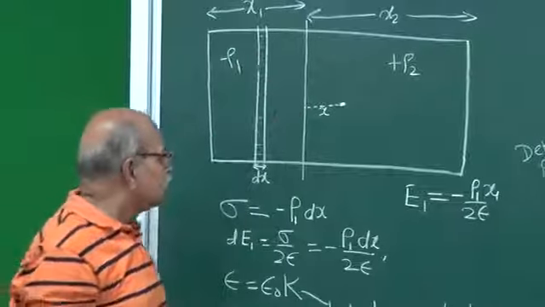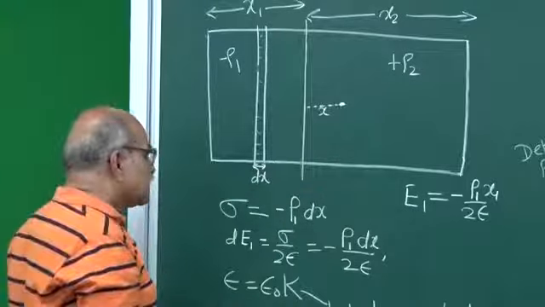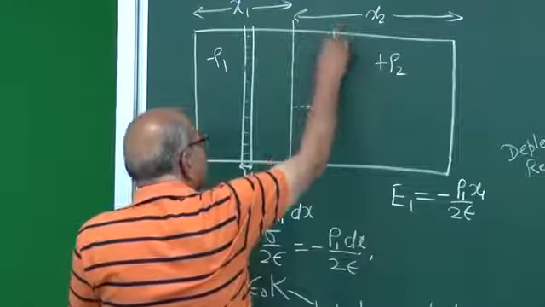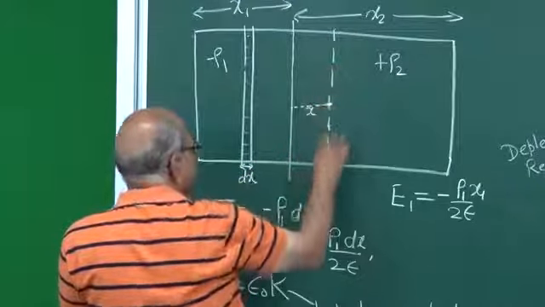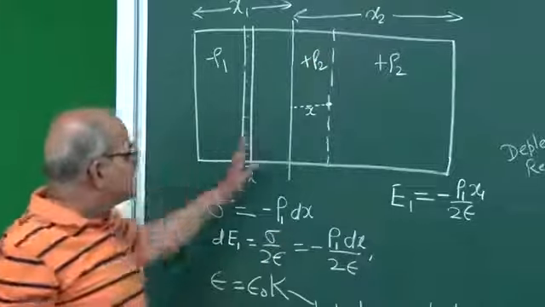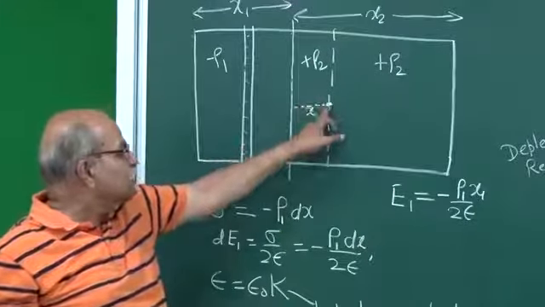Then come to the second part, this part. Here let me do it in two parts once again. Let's draw a line here, and this is all plus rho 2. So first calculate the field due to this part, which is to the left of the point chosen.